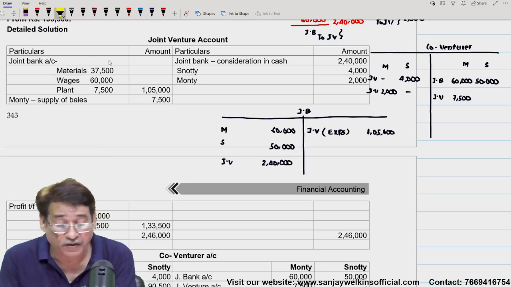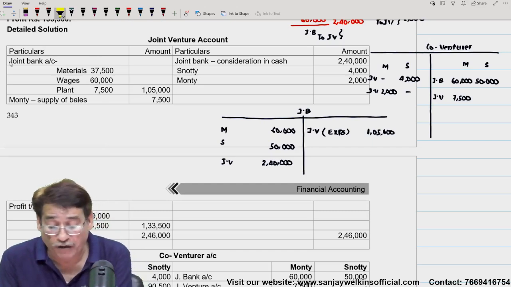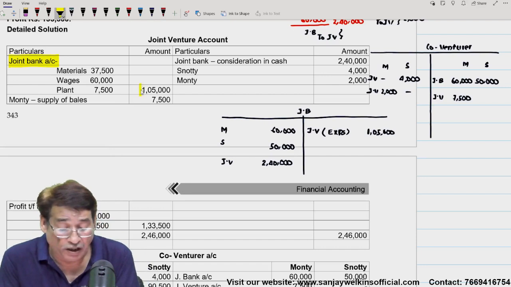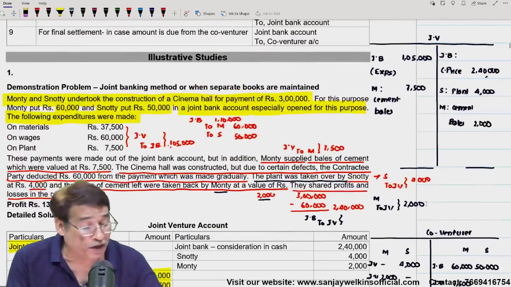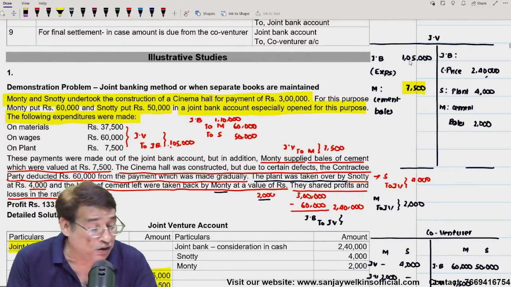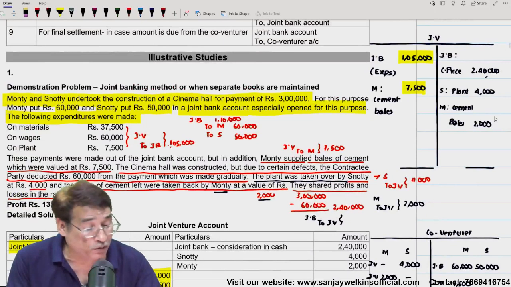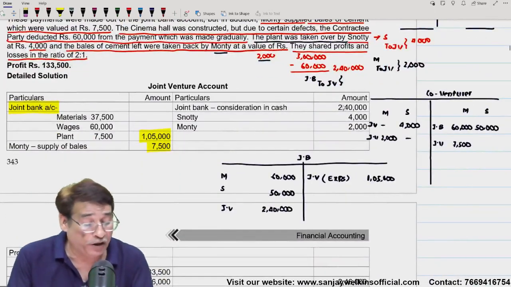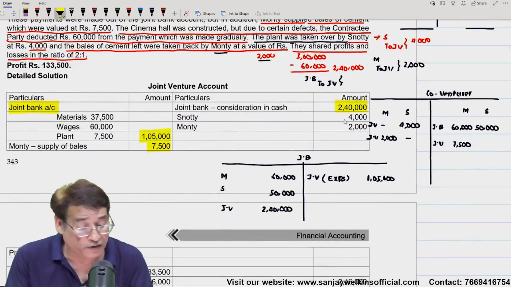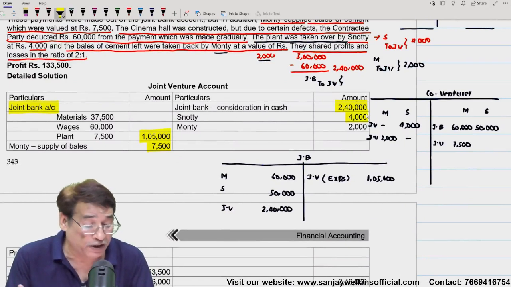So you have already seen that in the joint venture account, we have written to joint bank, 1,05,000. We have written to Monty. Monty has supplied 7,500 worth of goods to us. So these are the two things we have written on the debit side, and on the credit side, 1, 2, 3. So by joint bank, that is 2,40,000 we have received, and by Snooty has taken over the plant, and 2,000 by Monty.